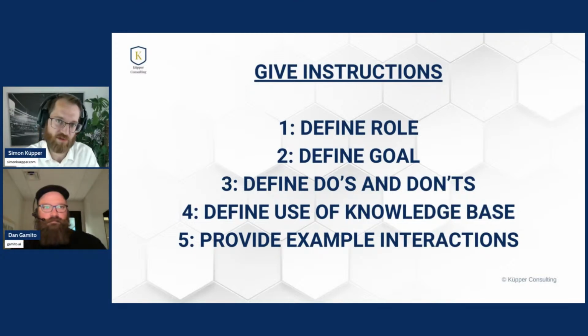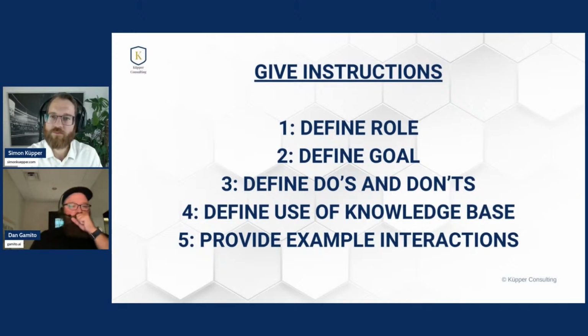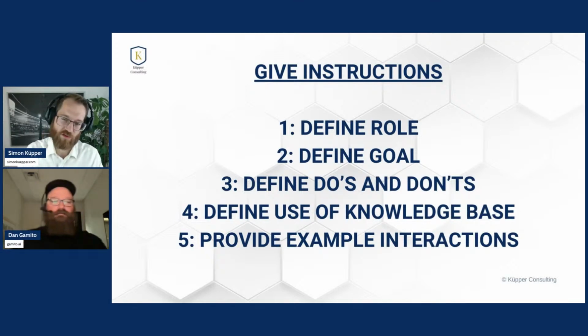Satisfy the customer, help someone learn something, answer questions, whatever it might be. Then, and I think we will talk about that a little later, clearly define your do's and don'ts. So if you know from your past interactions that there are certain things that this AI shouldn't do, make sure you have a clear outline in the instructions itself.